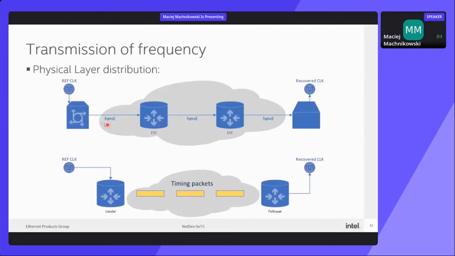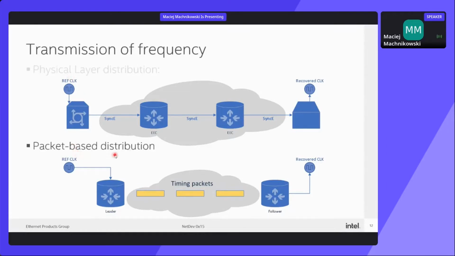We can do it either using physical layer distribution. In that case, we connect the reference clock to our leading node, and then connect just the Ethernet port of our leader device to our Ethernet equipment clock, which is basically another SyncE-enabled device, and daisy chain them to the last part of the network where we can recover the clock, which will be basically tied to the reference clock that is on the other side.